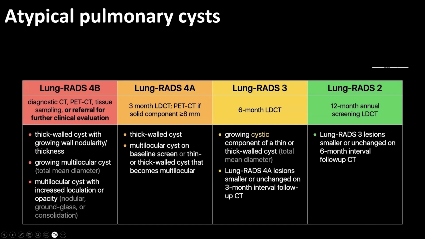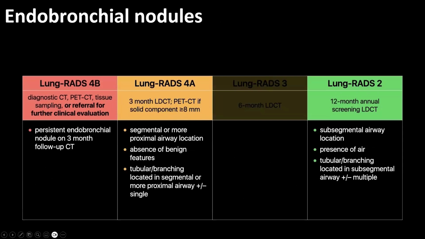A Lung-RADS 4A is a thick-walled cyst or a multilocular cyst at baseline, or a thin or thick-walled cyst that becomes multilocular. And as you go further down, they have less and less suspicious features as far as management of these nodules.